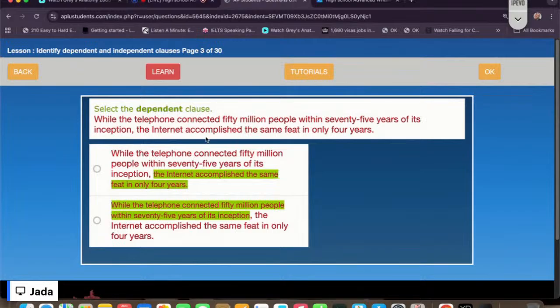While the phone connected 50 million people within 75 years of its inception, the internet accomplished the same feat in only 4 years.